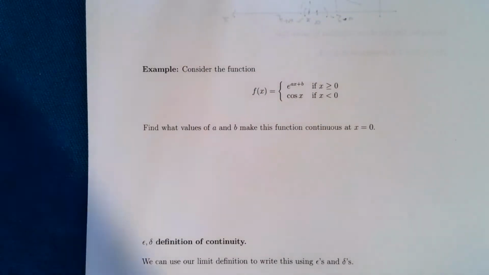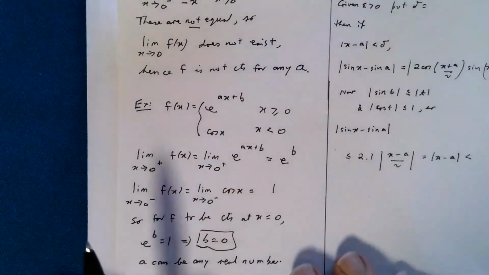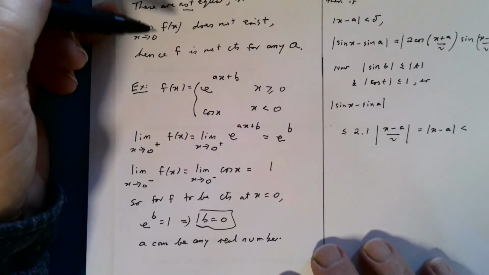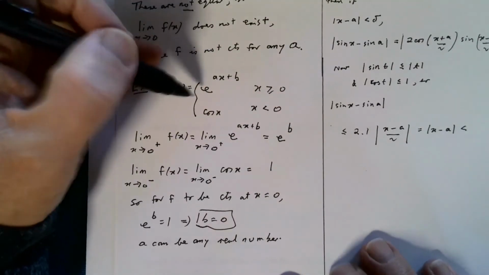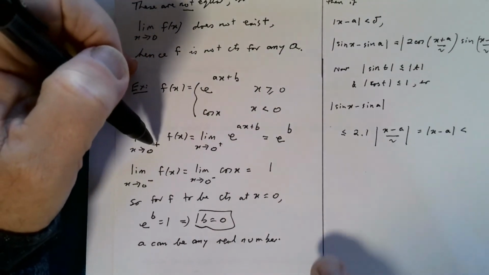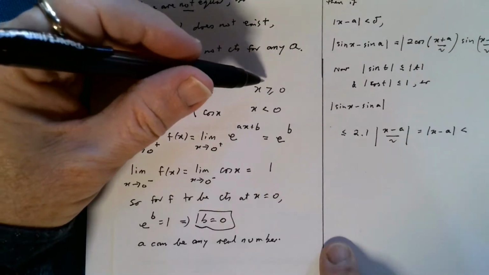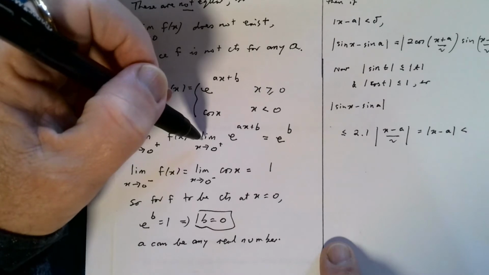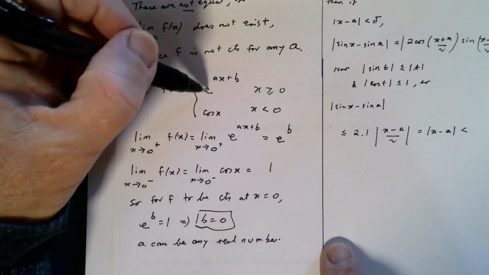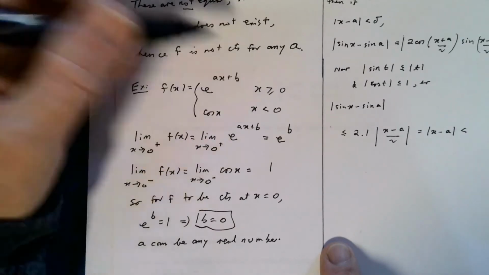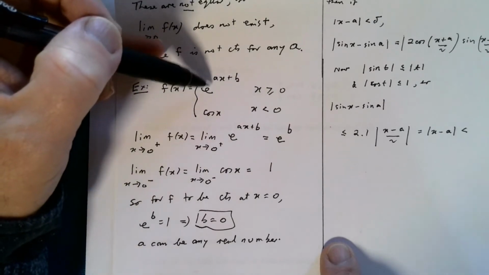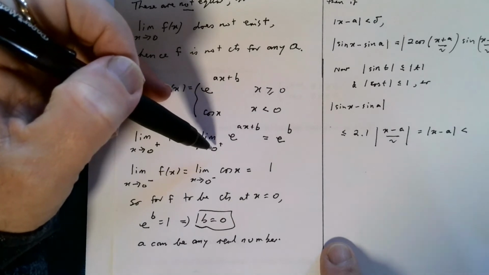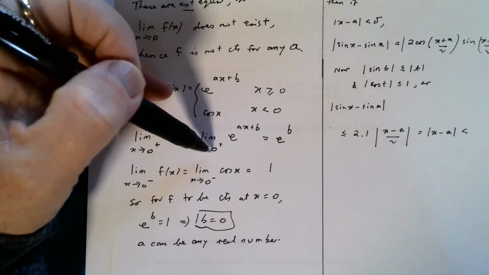So again, I'll go through the solution of this one. And again, because it's a split definition, we're going to be using left and right limits. So the limit as x goes to 0 from above of f of x, this is x positive, I've got to use the first part, the e to the ax plus b, because that's the formula you use if x is positive, and I'm thinking of x being to the right of 0, so it's a right-hand limit.